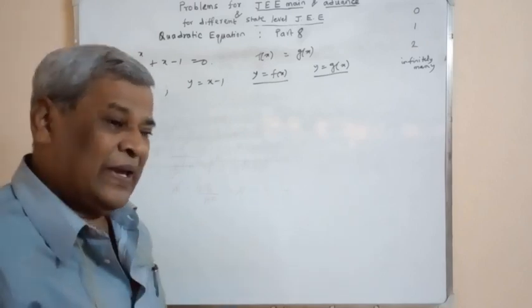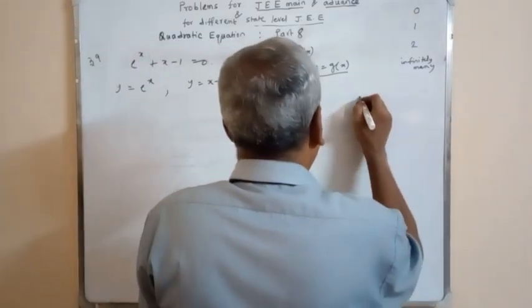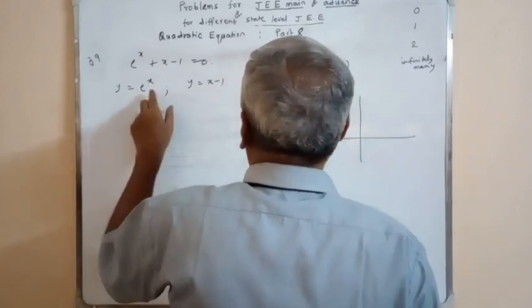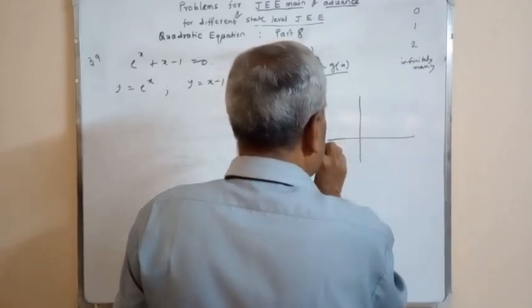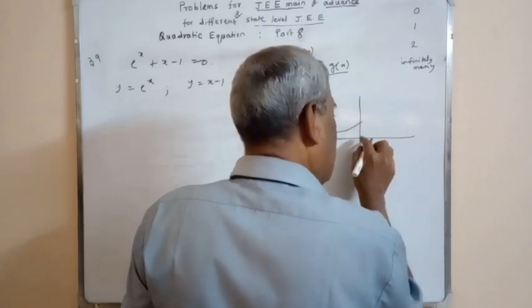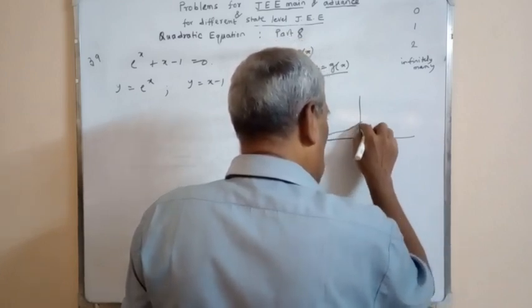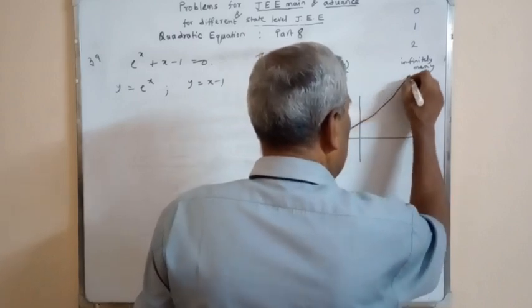Let us draw a rough sketch of that. These two are very standard. y equals e to the power x starts from minus infinity, meets the y-axis at the point 1, and after that moves to infinity.